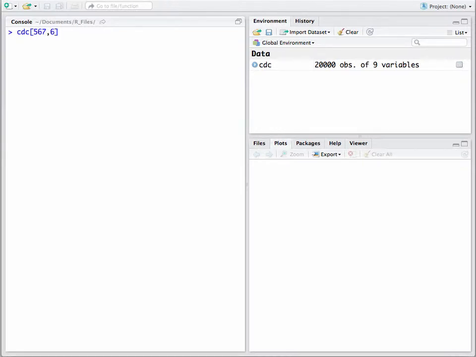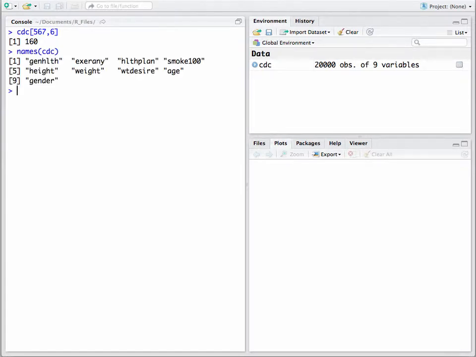For example, if I go CDC, square brackets, and I put in 567 by 6, then what that's going to give me is a single data point. If you recall, let's go ahead and do names again real quick. 1, 2, 3, 4, 5, 6. There we go, 6. The sixth one was the weight.